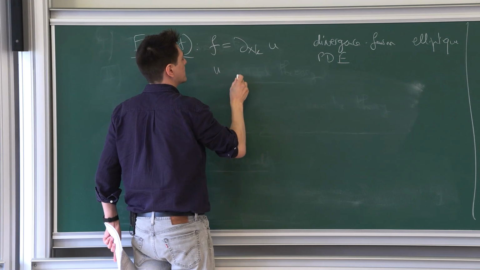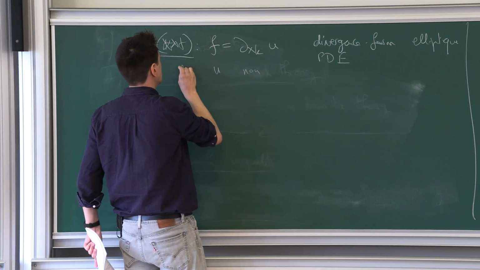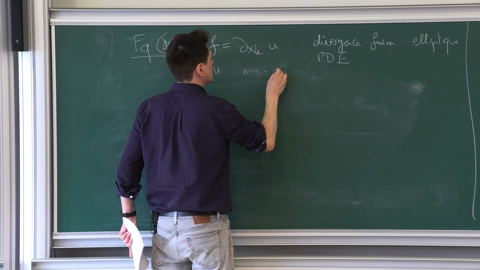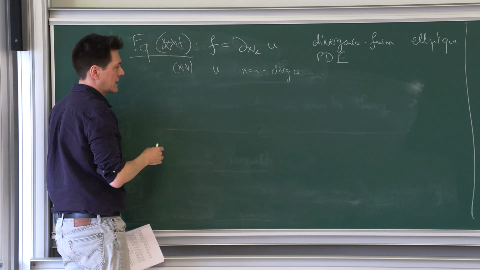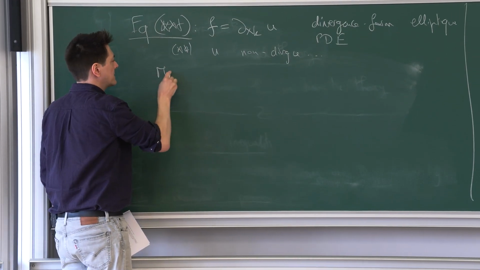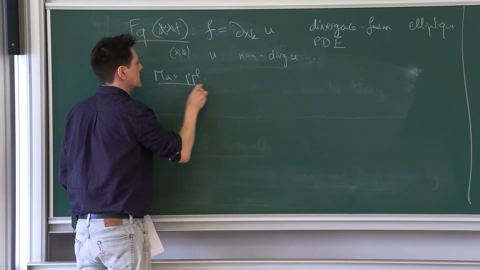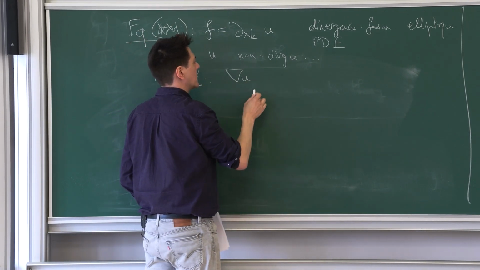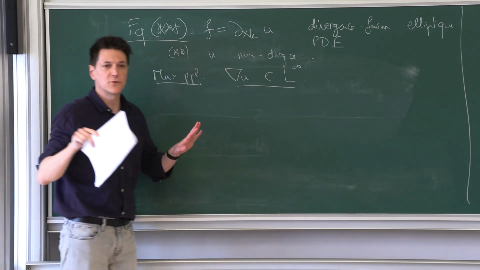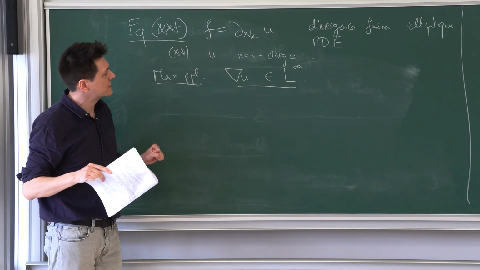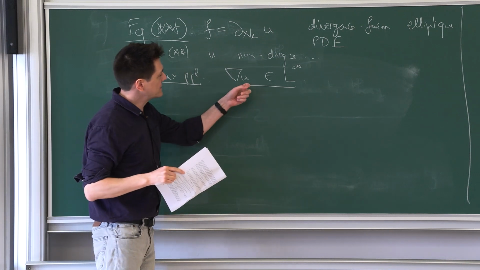U itself satisfies a non-divergence form. Using these two equations, you can have some maximum principle argument in order to find bounds on grad U, provided you do what you need to do at the boundary and everything. So the gap is here.